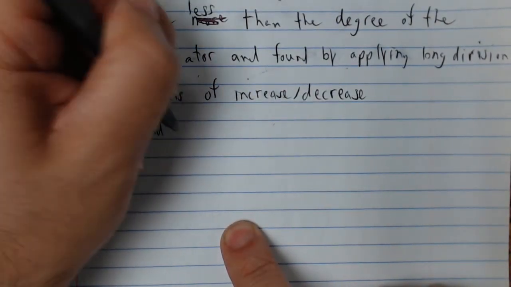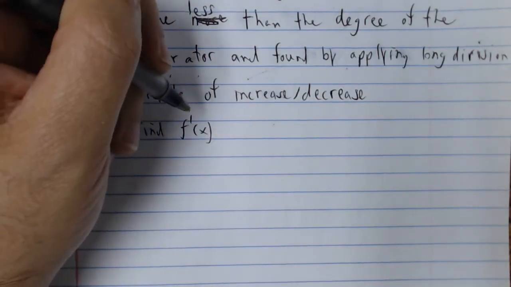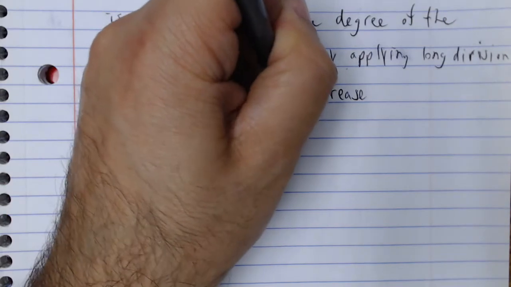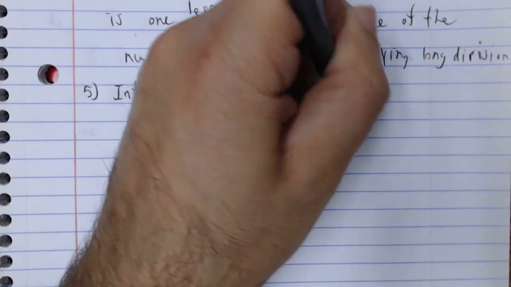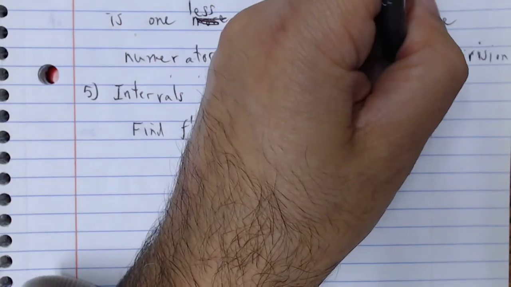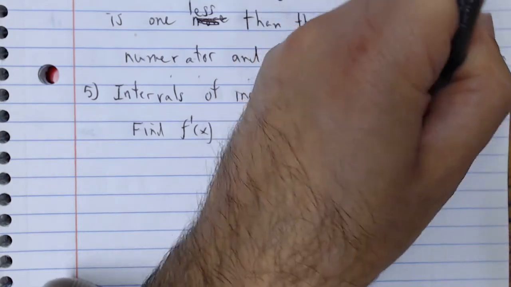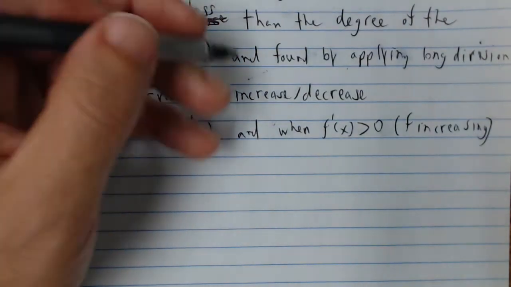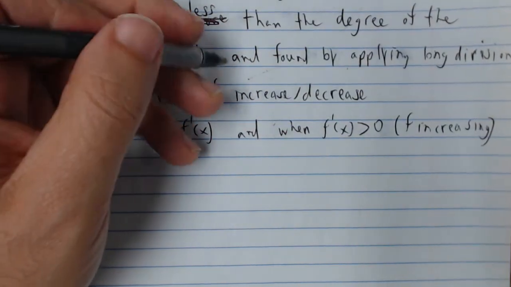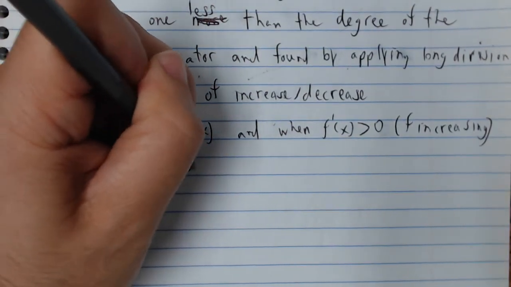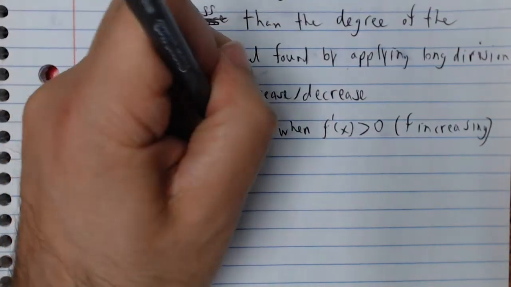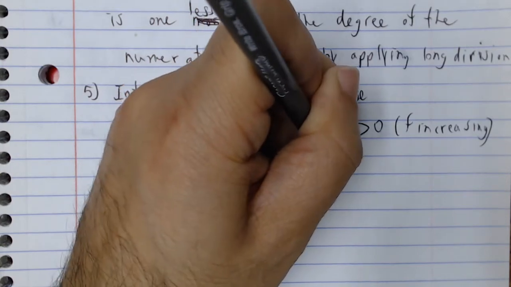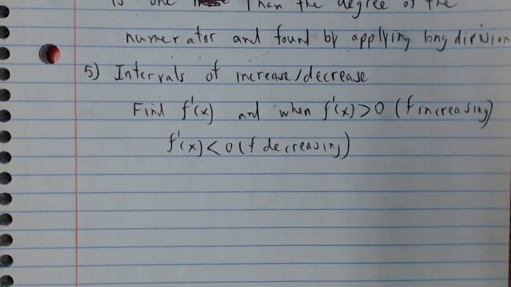We find f prime of x, and then we make a sign chart. When f prime of x is greater than 0, that means f is increasing. And when f prime of x is less than 0, that means f is decreasing. So that's step 5.